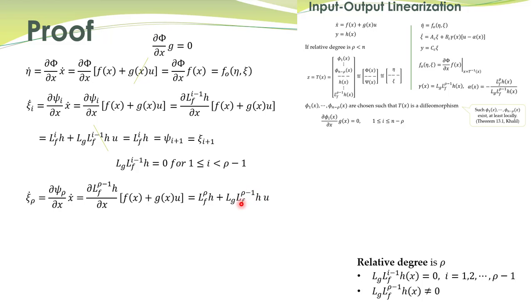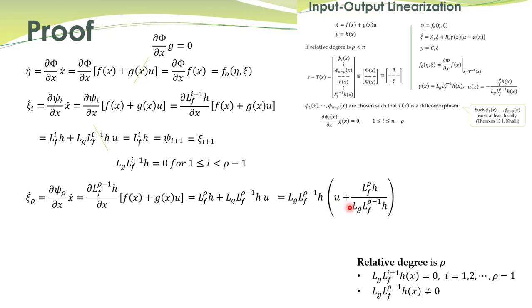And now, since relative degree is equal to rho, this term is non-zero. If you take this term common from this expression as well as from this expression, we are left with u over here, and this term divided by the expression which we have taken common.